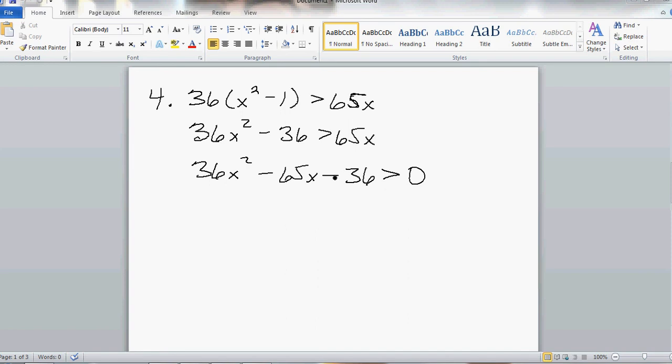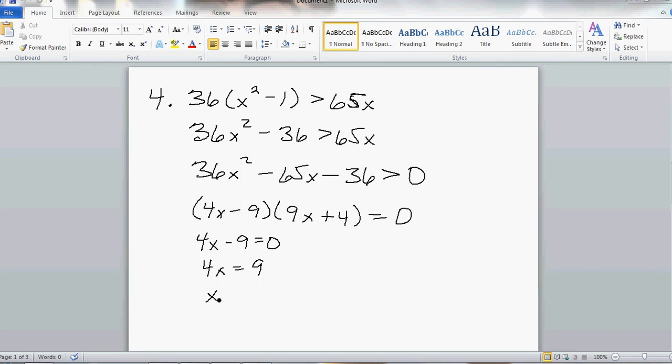Now, the way to factor this, after using the tic-tac-toe method or whatever, we get (4x minus 9)(9x plus 4). And we're going to set that equal to 0. So 4x minus 9 equals 0, so that 4x equals 9, or x equals 9/4.